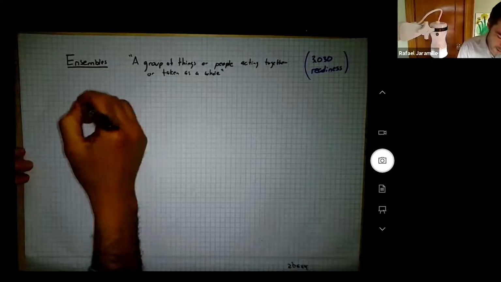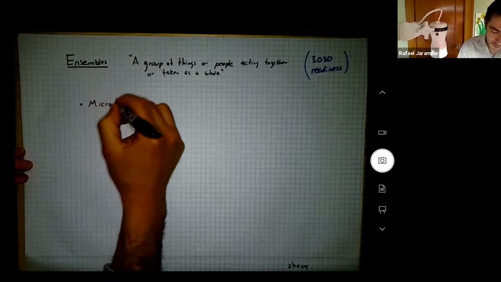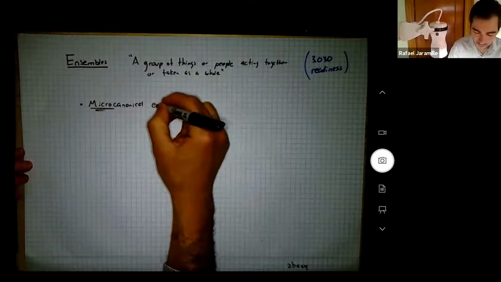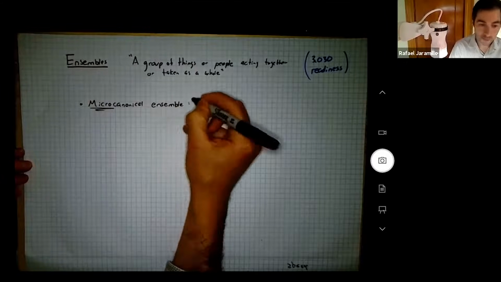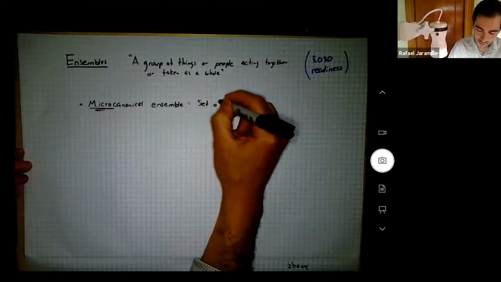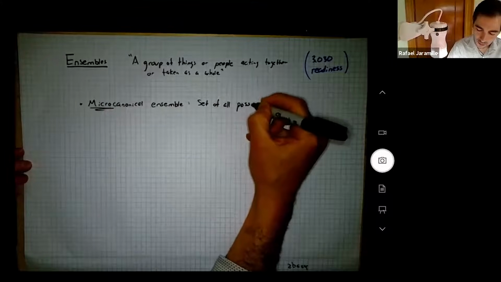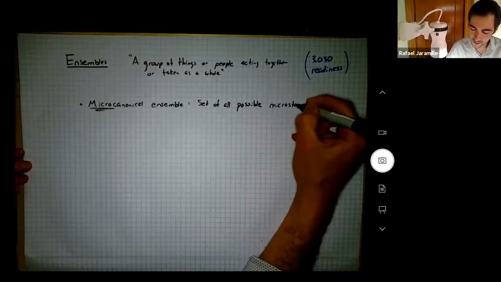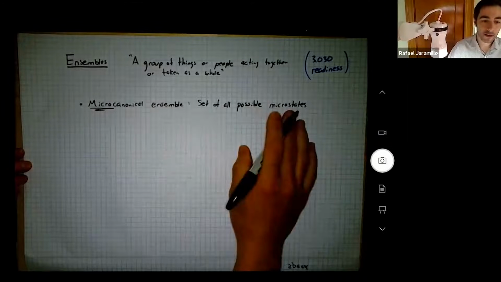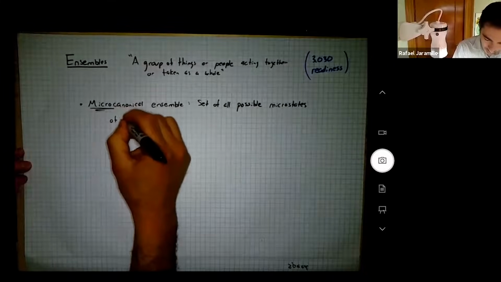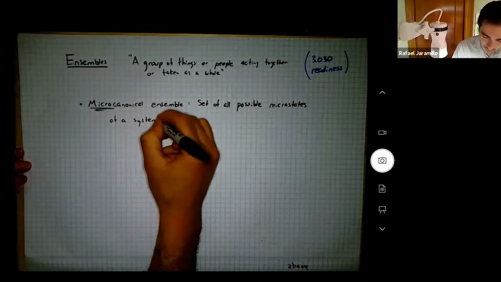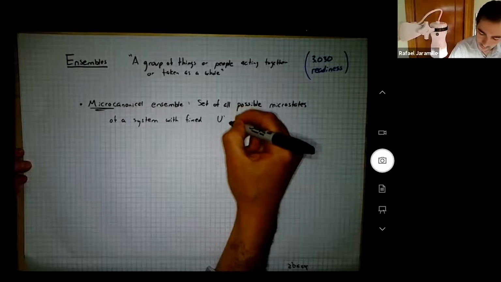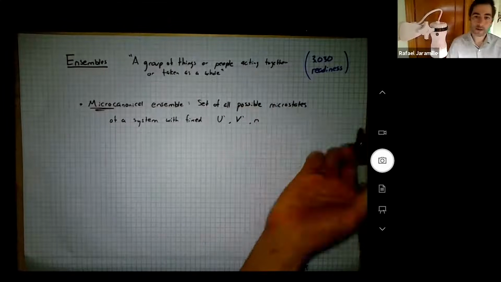All right, so we're going to start with the microcanonical ensemble, and this is something that you've seen before. The microcanonical ensemble is the set of all possible microstates of a system with fixed energy, volume, and particle number.